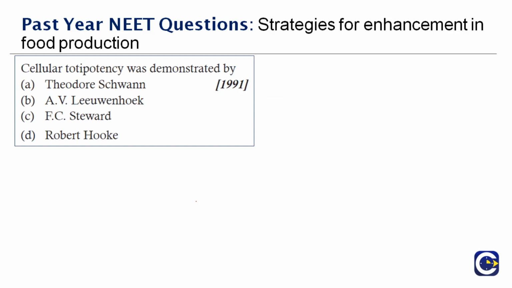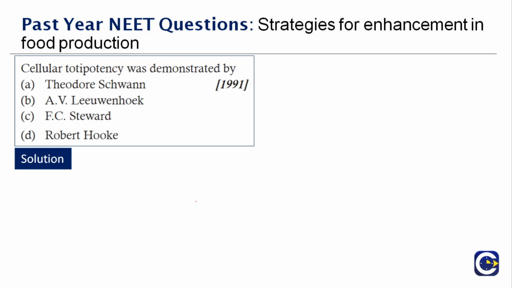Okay, next question here. Cellular totipotency was demonstrated by. So this is a direct question, not much explanation is required. The answer is F.C. Steward. He and his co-workers in 1964 raised the entire carrot plant from the carrot root culture. They established cellular totipotency, that is, the capacity of a cell to develop a new plant from a single cell.